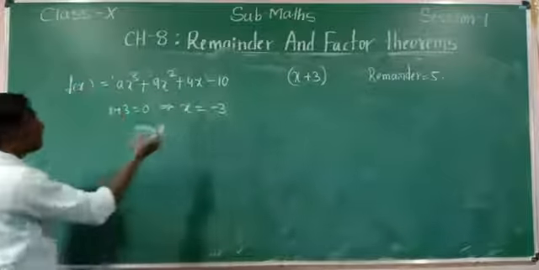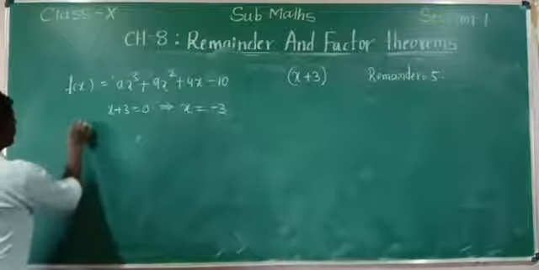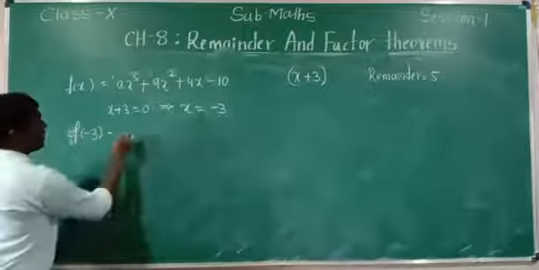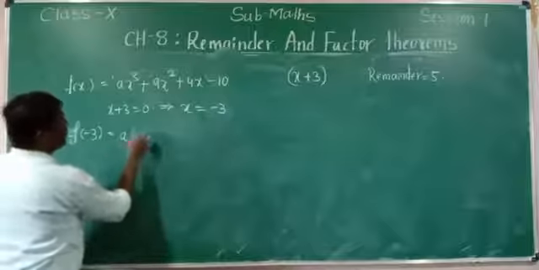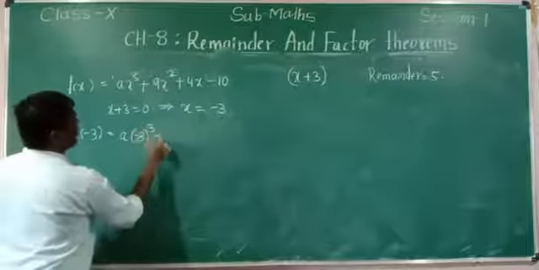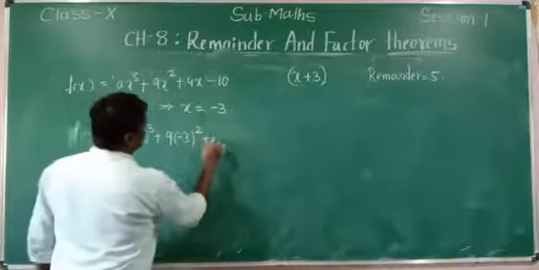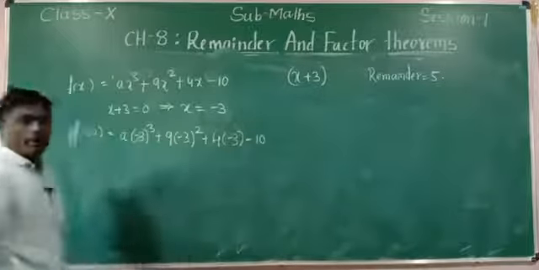Now substitute the x value in the given expression. f of minus 3 is equal to a, write as it is, because we need to find the value of a, into minus 3 whole cube plus 9 into minus 3 whole square plus 4 into minus 3 minus 10, right?